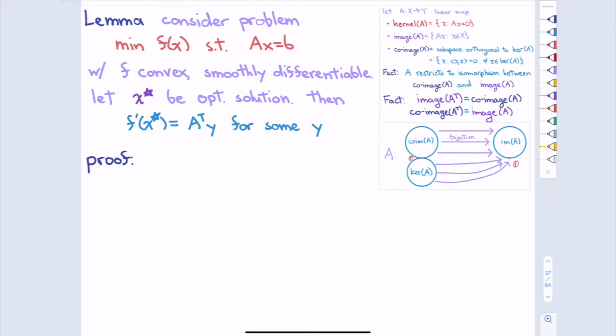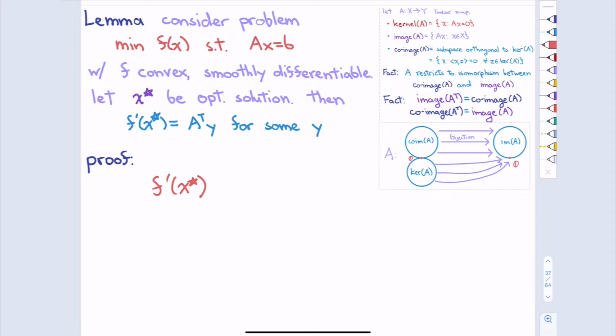Okay, so now let's look at this problem again. Okay, so all right, let's look at f prime of x star. Okay, so if we look at our intuition from the unconstrained setting, we know the gradient has to be 0 because otherwise you'll be able to move against the gradient and decrease your value, right?